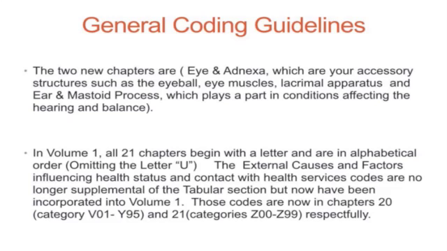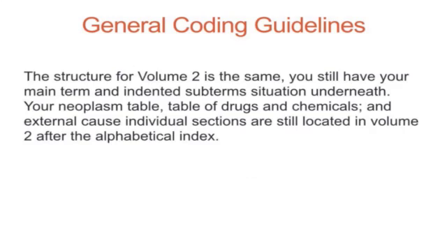The external causes and factors influencing health status and contact with health services codes are no longer supplemental to the tabular section, but now have been incorporated into Volume 1. Those codes are now in chapters 20 and 21, respectively. The structure for Volume 2 is the same.